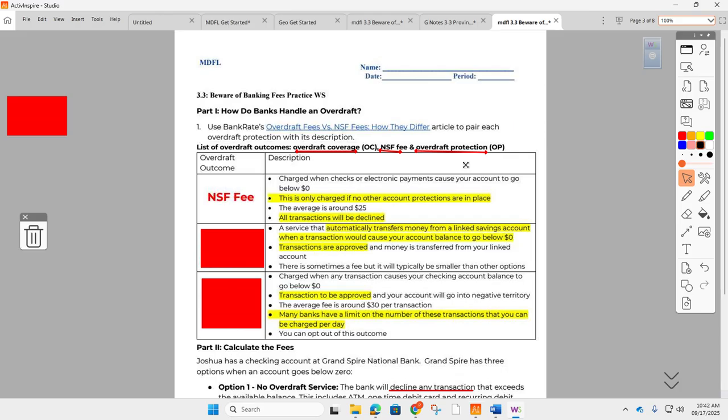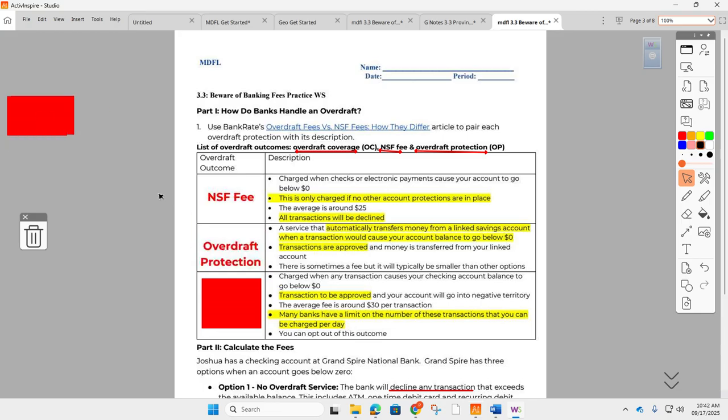That means they are paying these transactions as they come in, but they're transferring money from your savings to pay for it, and there's sometimes a fee, but it will typically be smaller than other options. So do you think that is overdraft protection or overdraft coverage? It is not coverage. It is the other one.